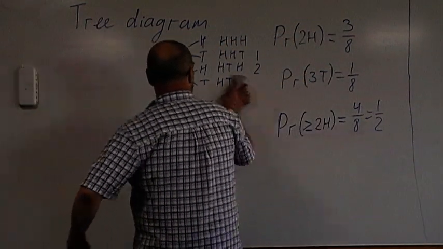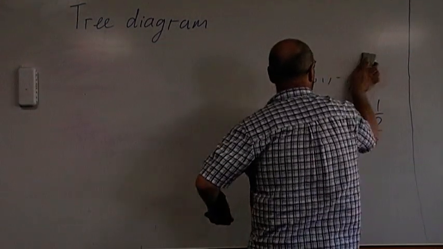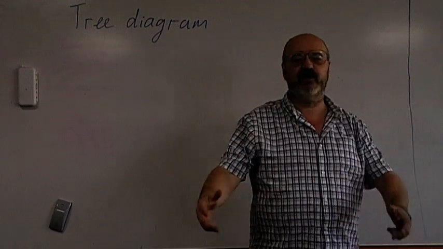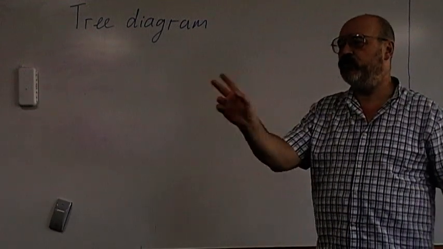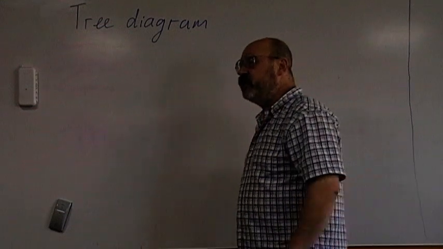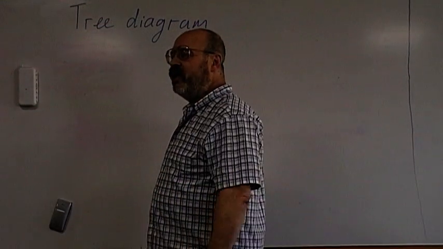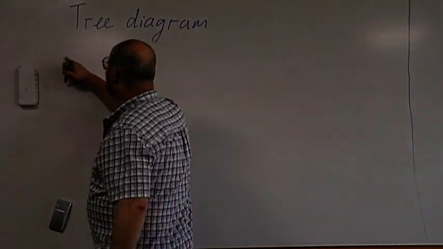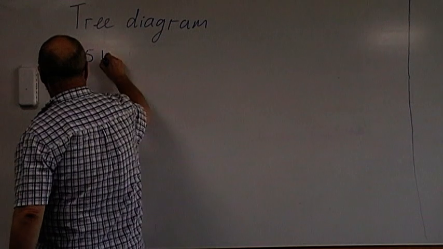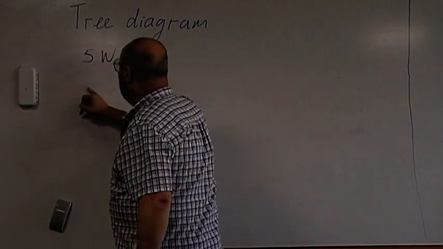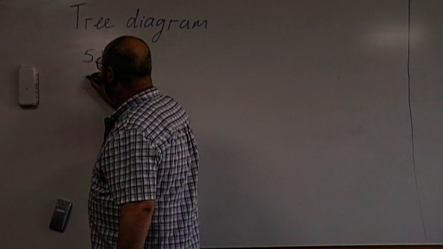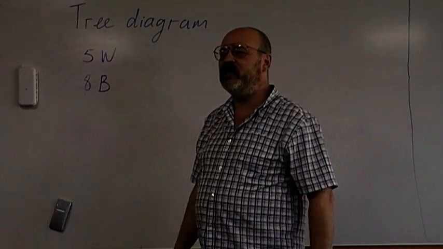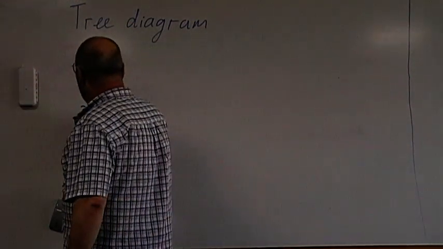Example. Let's say Ashton in his drawer has socks. He has 5 white socks and he has 8 orange socks, black socks and he has 3 red socks.